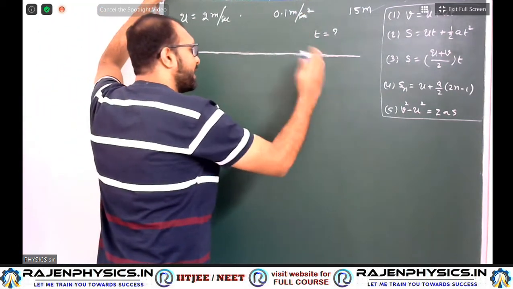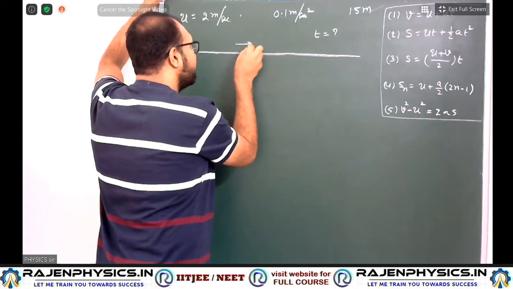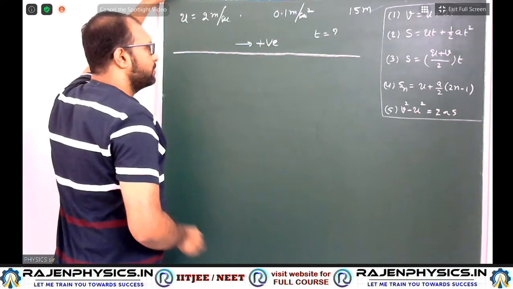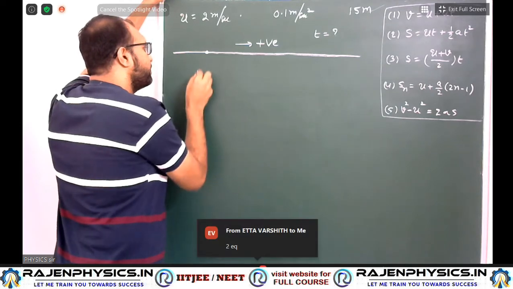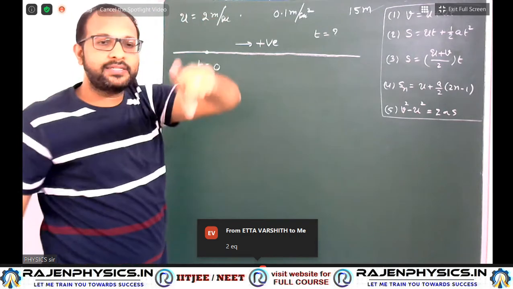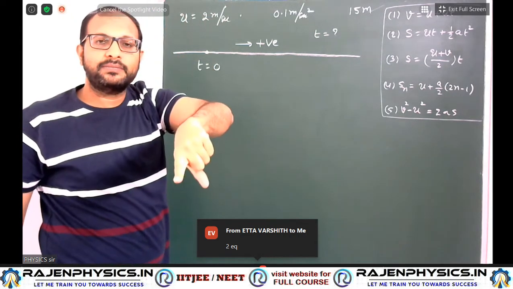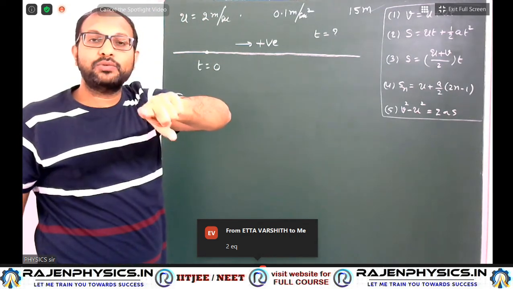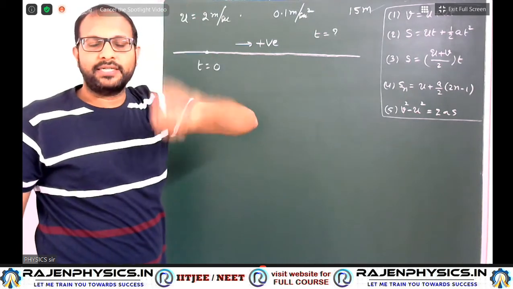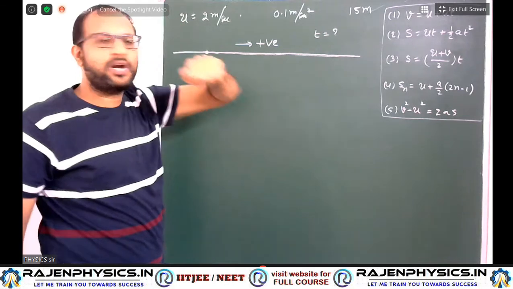That's why you take this direction as positive. So right now at t equal to 0, students, t equal to 0 means not that the body started, but our observation started.